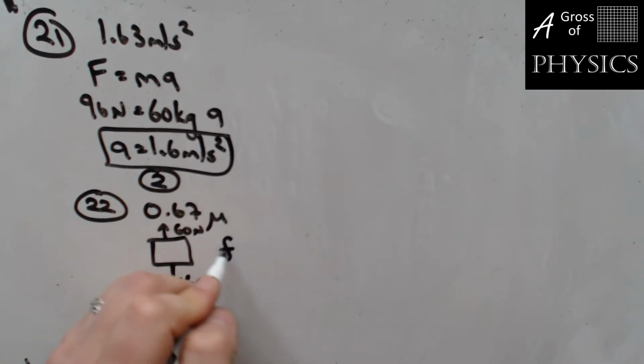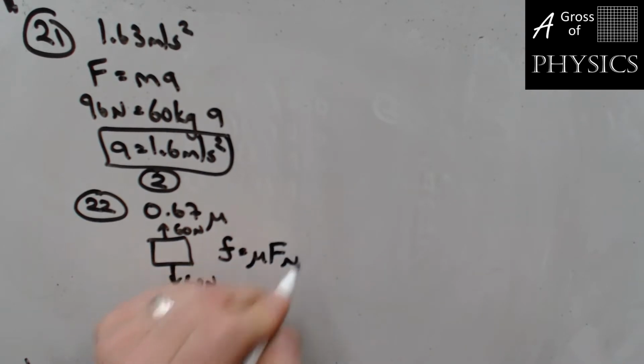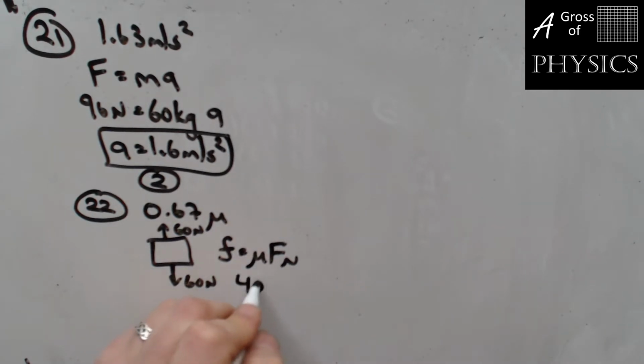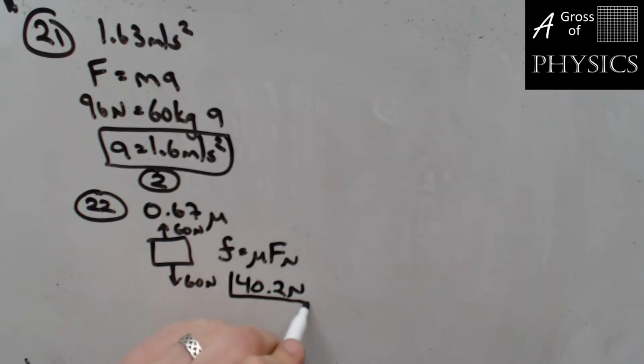So, mu Fn, 0.67 times 60 is 40.2 newtons. And it has to be a constant speed, so we're going to use the 40, because then there's no acceleration. So choice 1.